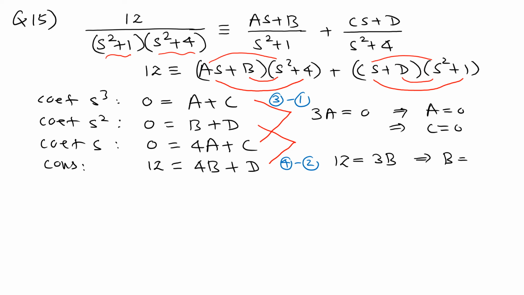So b equal 4, because 12 over 3 equal 4. And then if you plug in that value to equation 2, you can see d equal negative b. So that means negative 4. So we can easily find all those 4 values if you use this technique. You can just do a subtraction. Subtract and you get the answer.